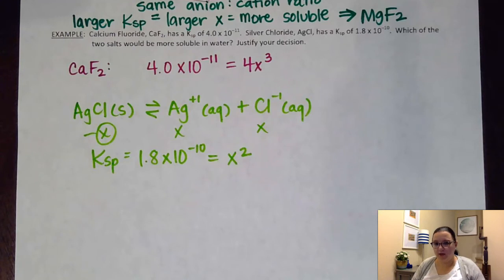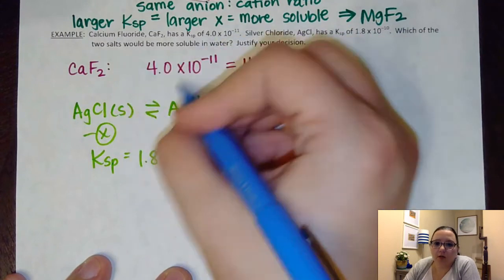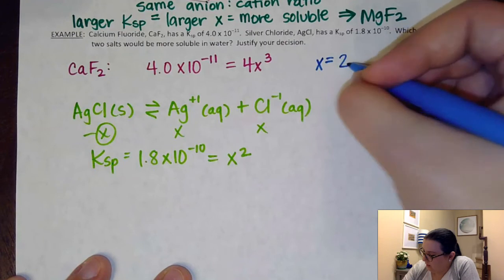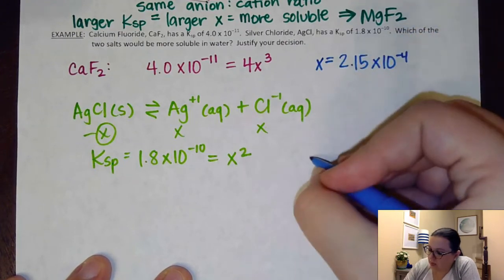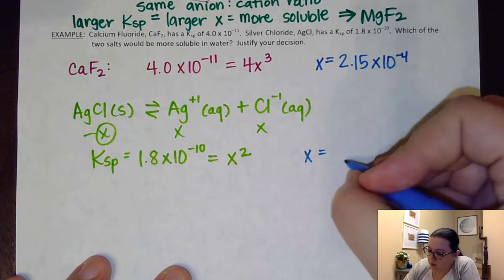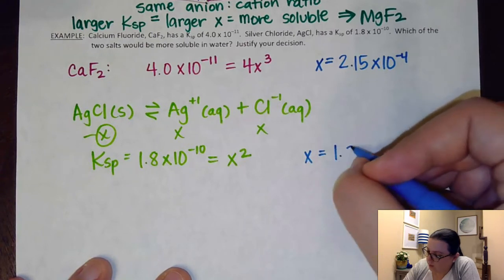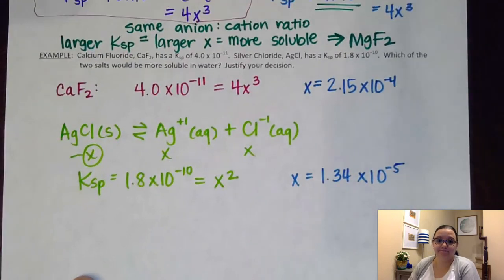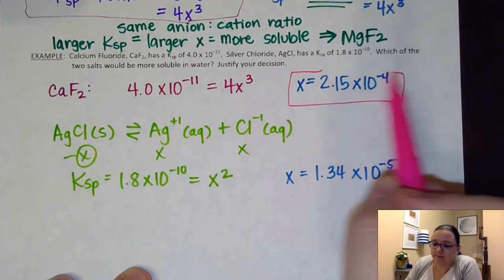Now let's think through here for a second. I'm going to calculate some X values. This one, if I divide by 4 and cube root, gets me an X value of 2.15 times 10 to the negative 4th. This one, once I square root both sides, gets an X value of 1.34 times 10 to the negative 5th. Okay, so notice a few things. Bigger X, right?